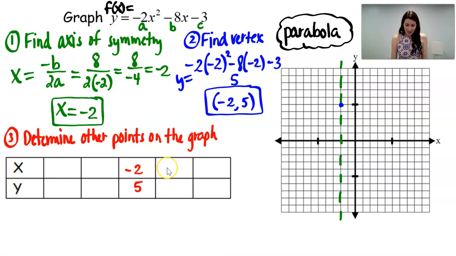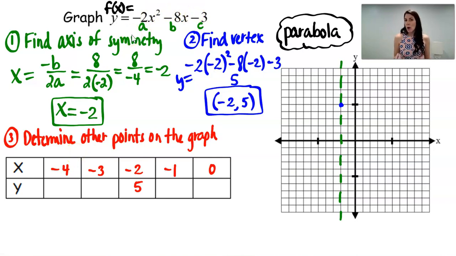So that would mean x values of negative 1 and 0 on the right side and negative 3 and negative 4 on the left side. Now, the y value that corresponds with these, well, we do exactly what we did up here to find the vertex. You're going to take this x value and plug it into the equation whenever you see an x.